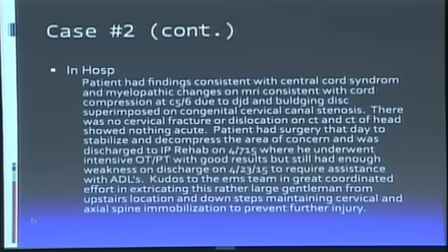He had surgery that day to stabilize and decompress the area, and was discharged to inpatient rehab, where he had pretty extensive and intensive OT and PT with good results, but still had some residual weakness at the time. EMS did a great job.